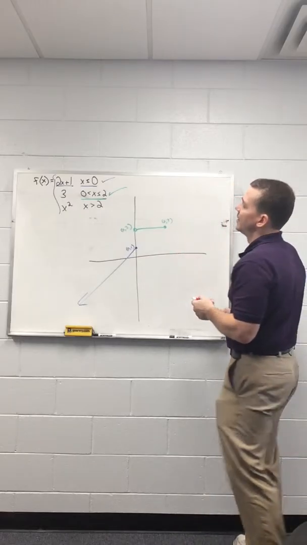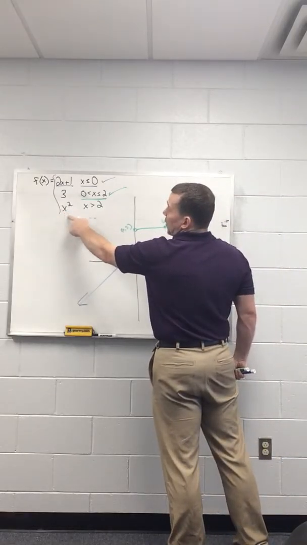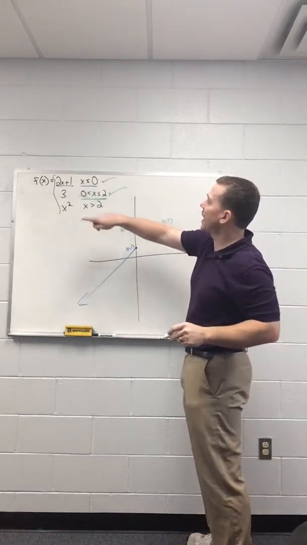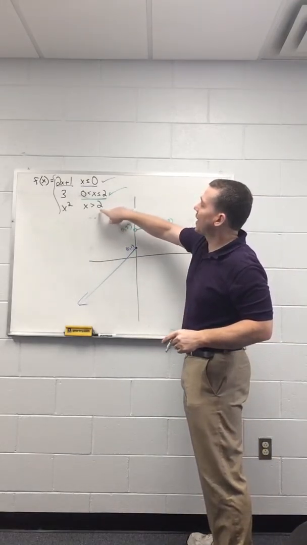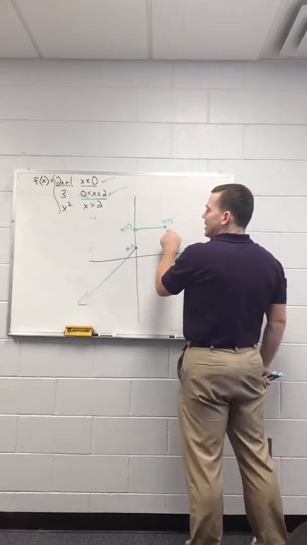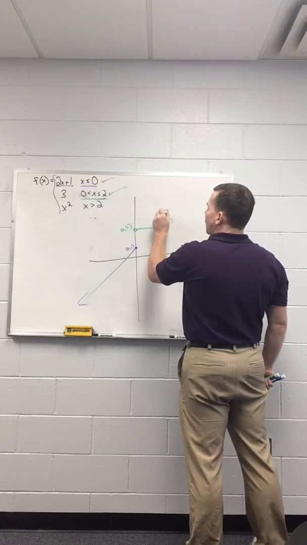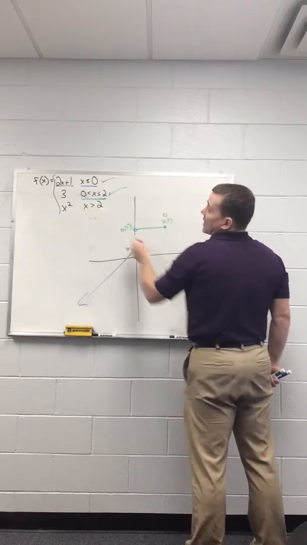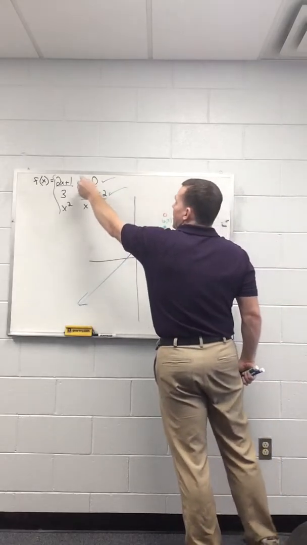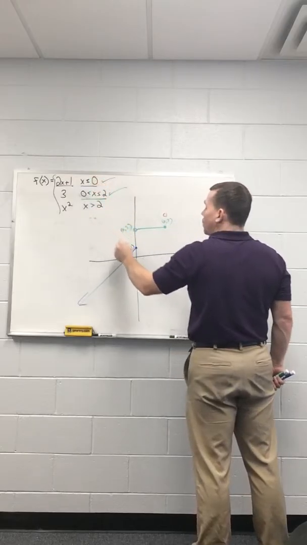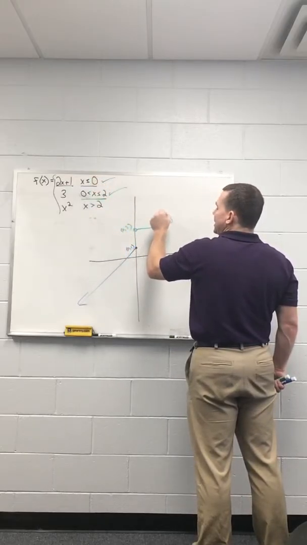Now for the last one. That's just the parabola x squared for x greater than 2. I know what the parabola looks like. I just need a starting point. Since I want it defined for x greater than 2, I'll use 2 as my starting point. So at 2, I get 2 squared, which is 4, which we'll say is right here. I draw an open circle because it's x greater than 2. And now in my head, I can see the parabola, but I'm just not going to include all the x's less than 2.